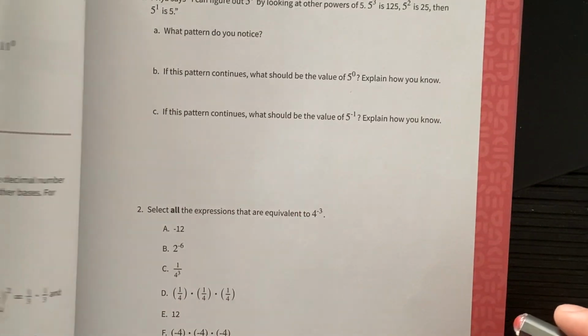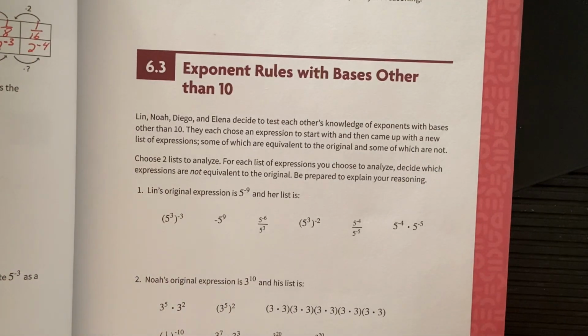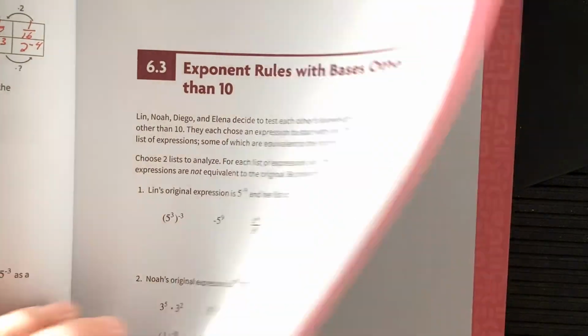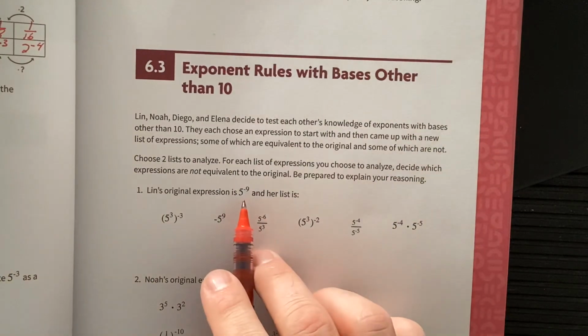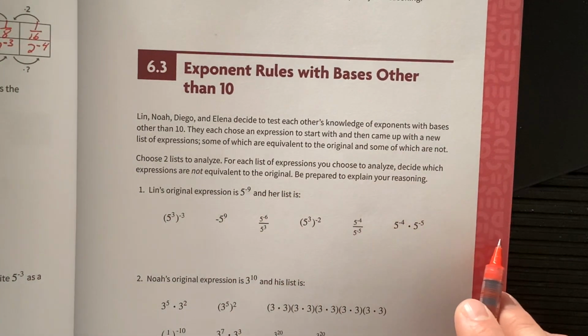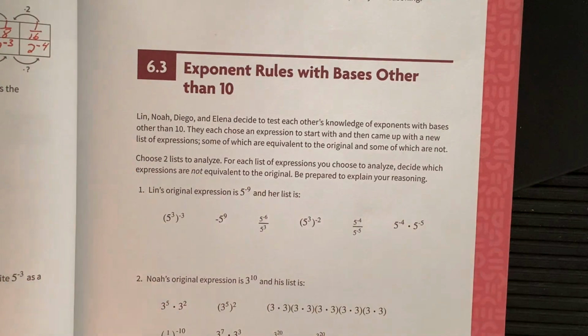So there are 4 of them. I'd like you to do 2 of them. Circle the ones that are equal. So like the first one, 5 to the negative 9, which ones of these are going to equal 5 to the negative 9 is the question. Ian, you'll be included with this half.